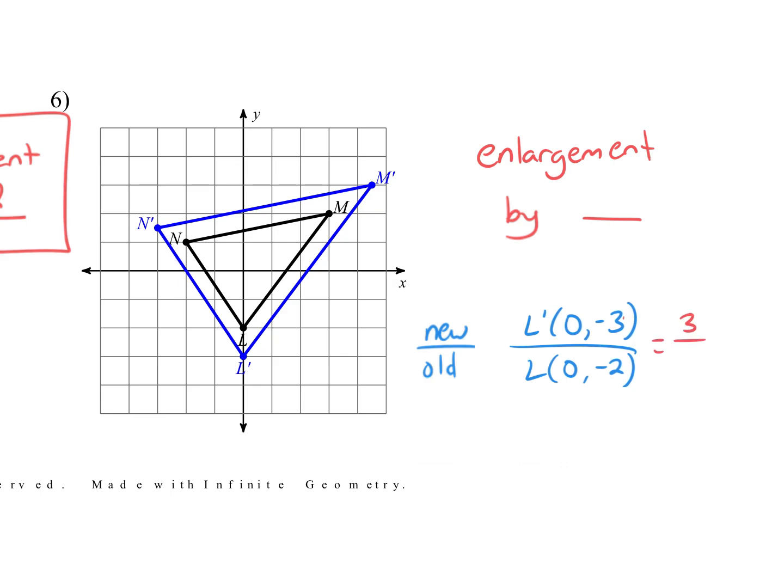I would accept 3 over 2, or what does that go to? 1.5. I would accept both of those. Now again, even though this turned out to be a fraction, it was greater than 1, so it's still an enlargement. Again, check your answers. We said it should be an enlargement, so this number should be greater than 1.